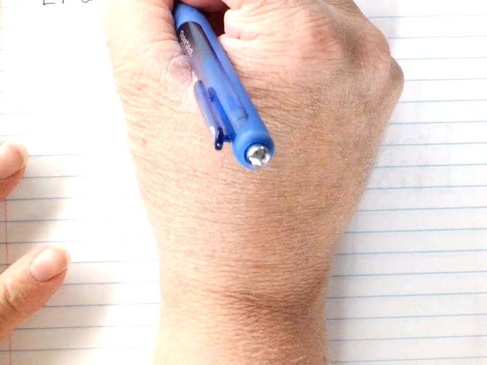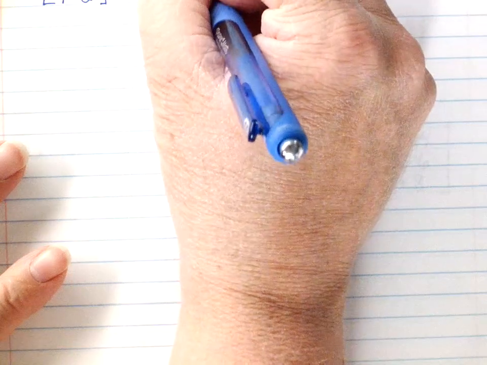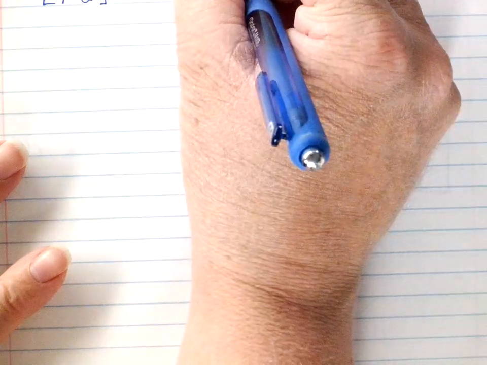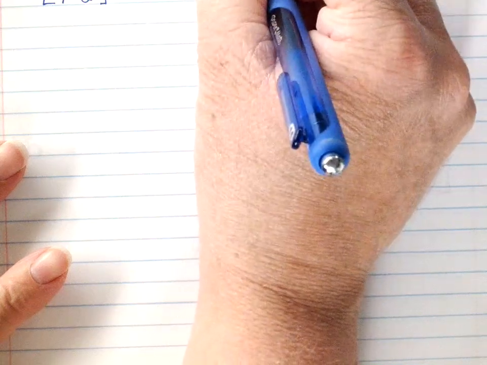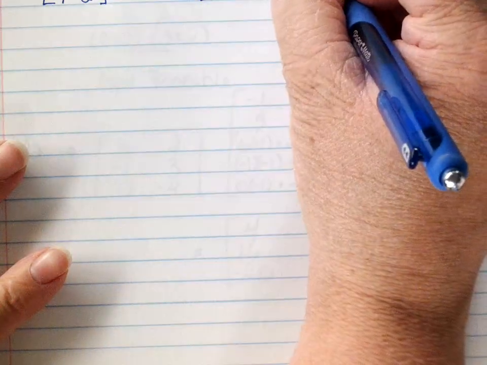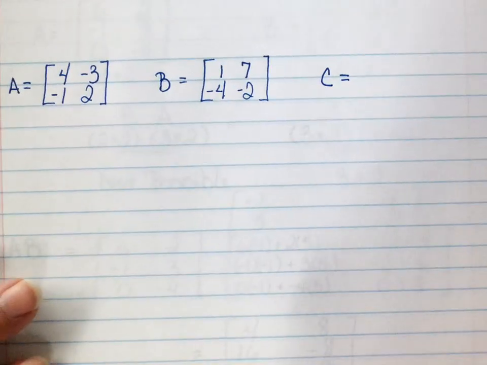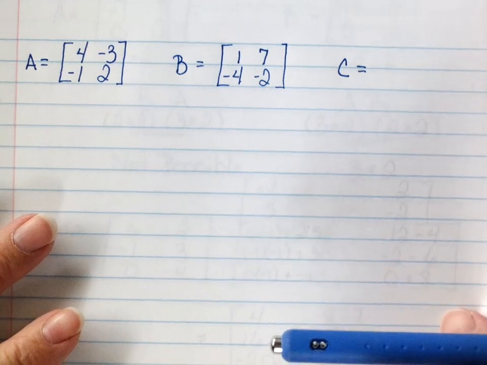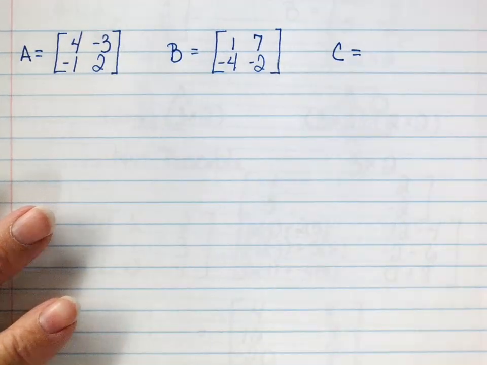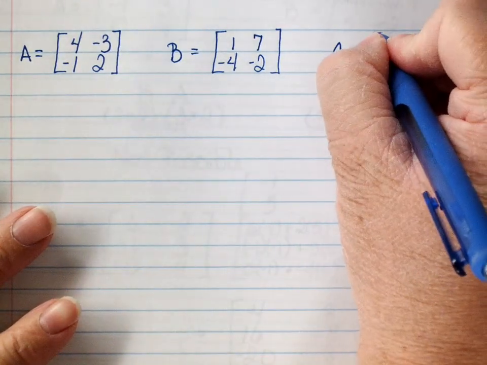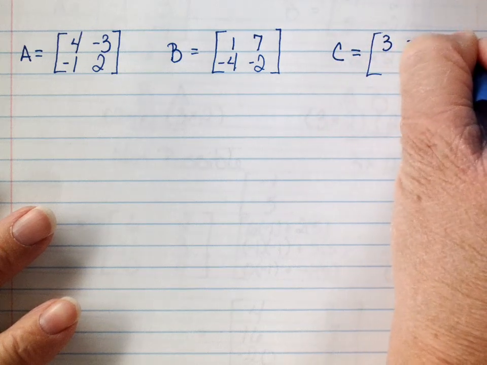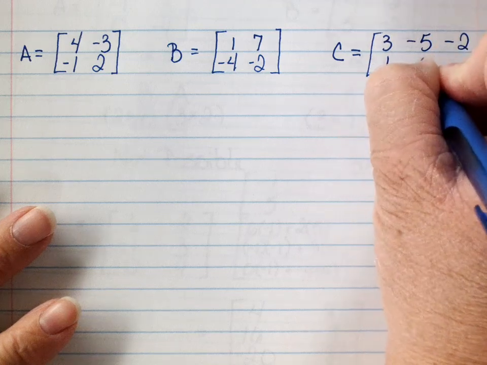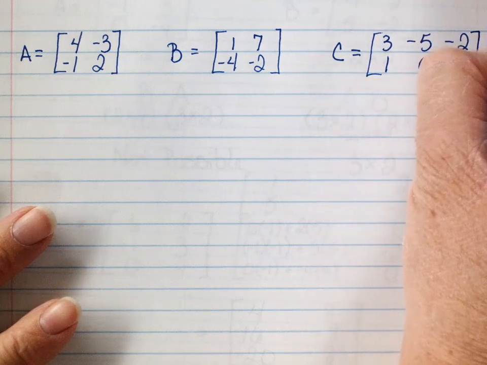Matrix B is going to be 1, 7, negative 4, negative 2. And matrix C is going to be 3, negative 5, negative 2, 1, 0, 6.